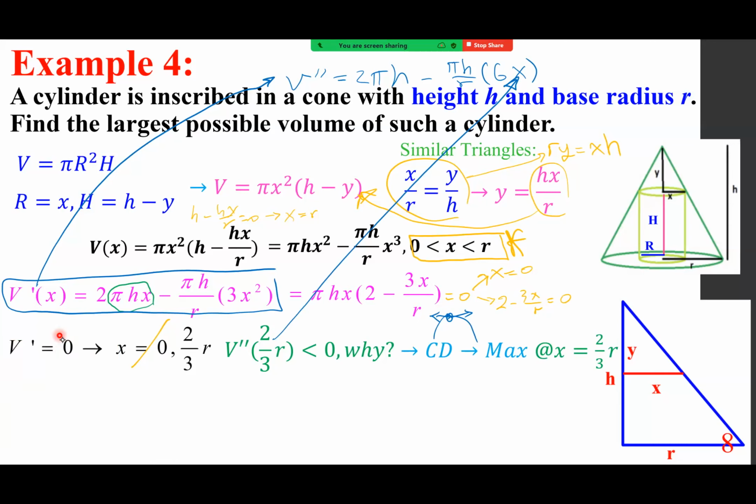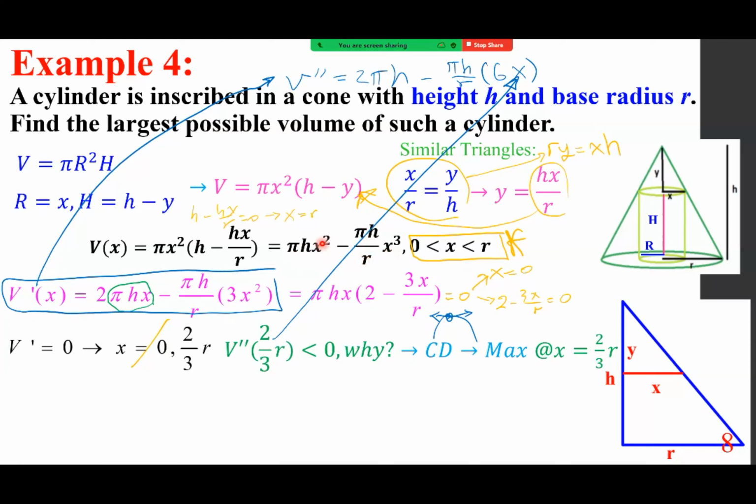Now, finding the maximum volume, you can put it back into the formula for the volume. Pi h, you can do it here, or you can do it here. You can find the dimensions. Pi h x squared minus pi h over r x cubed.